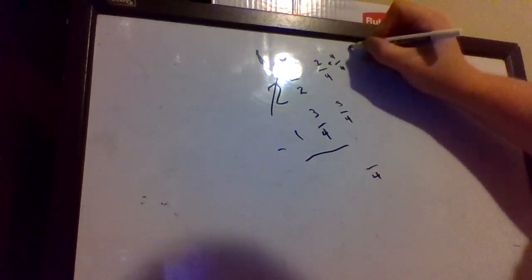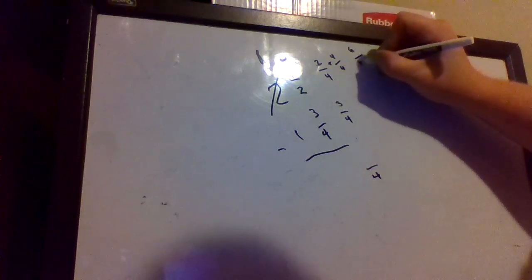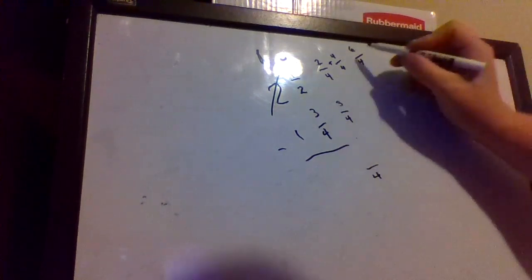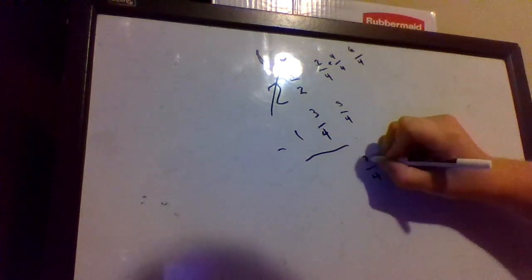So that means our new numerator would be 6, and the denominator would say 4. So it would be 6/4 minus 3/4. So 6 minus 3 is 3. And 1 minus 1 is 0. So our answer to 2 and 1/2 minus 1 and 3/4 is 3/4.